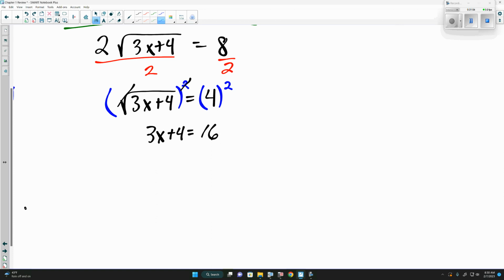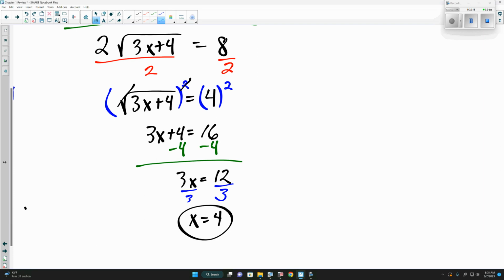We only need the plus or minus when we square root both sides. Now at this point here, we just need to get x by itself, so we can subtract 4 from both sides, telling us that 3x is equal to 12. When we divide by 3, x is equal to 4.